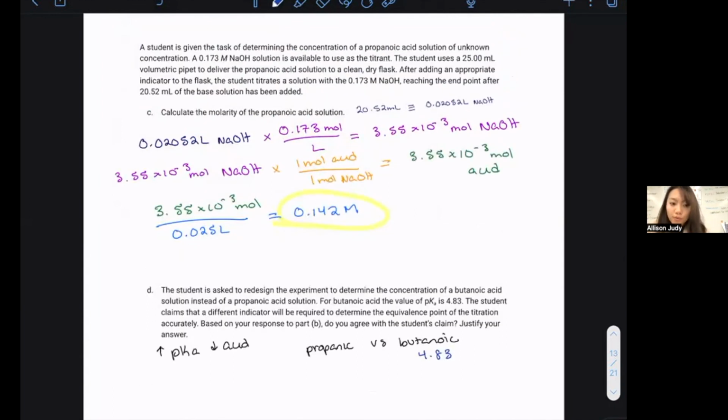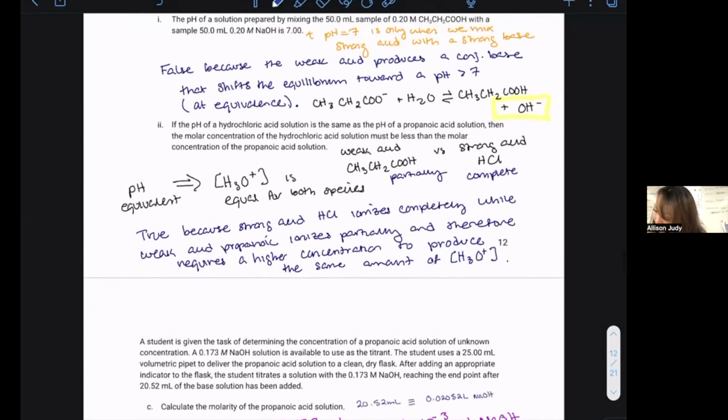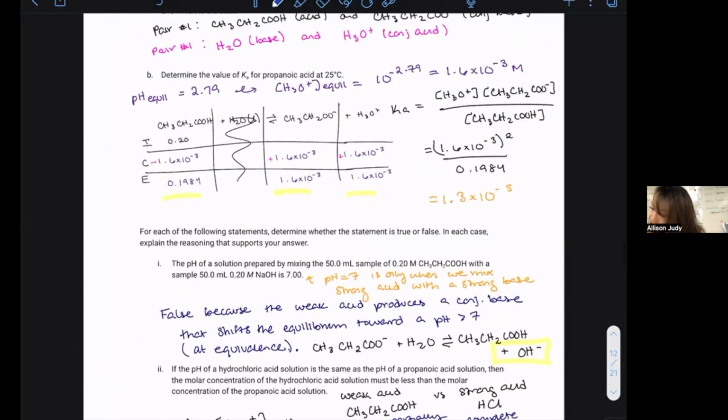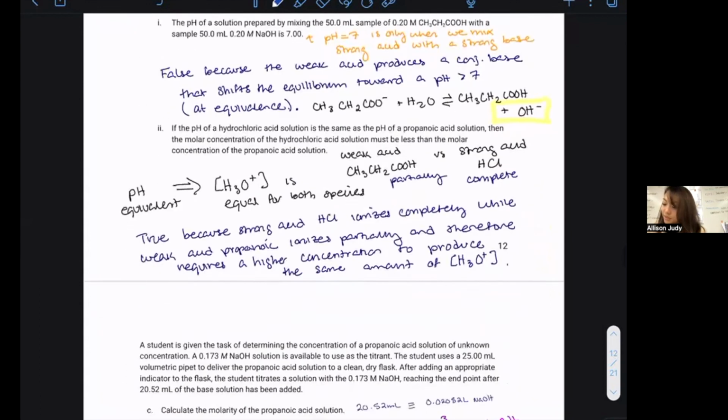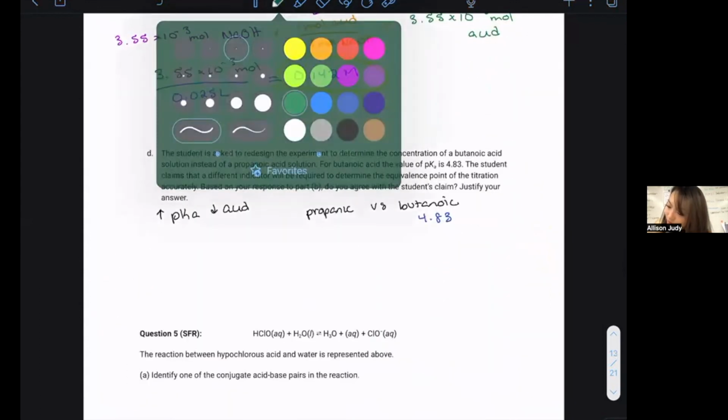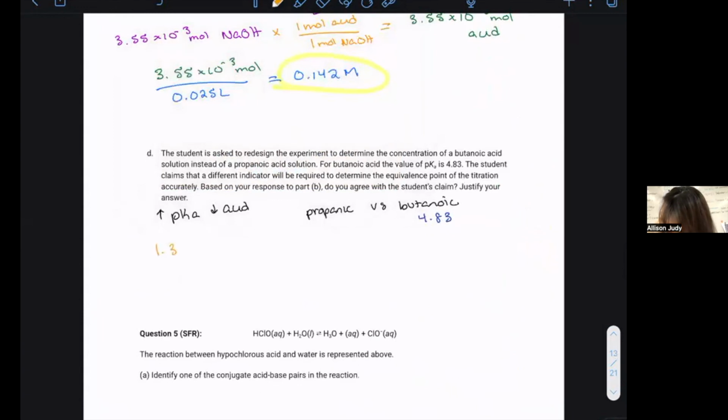Well, I've solved for, in part B, the Ka of propanoic acid. So from part B, I know that propanoic acid has a Ka of 1.3 times 10 to the negative 5th. So the pKa is going to be the negative log of 1.3 times 10 to the negative fifth, and that's going to equal 4.89.